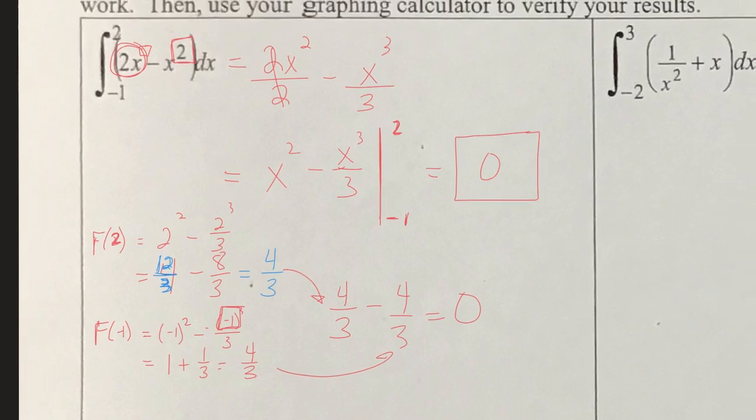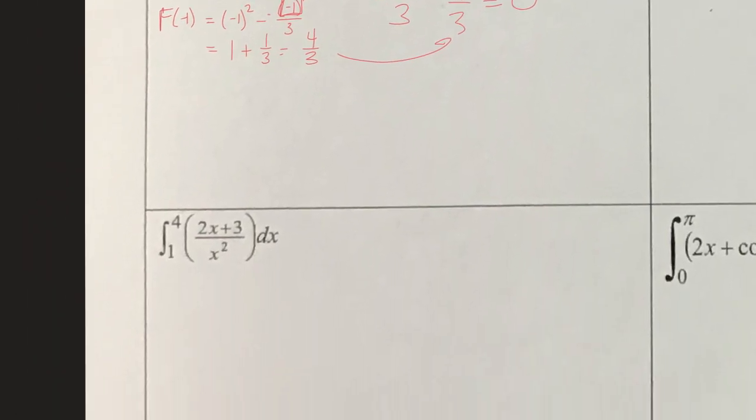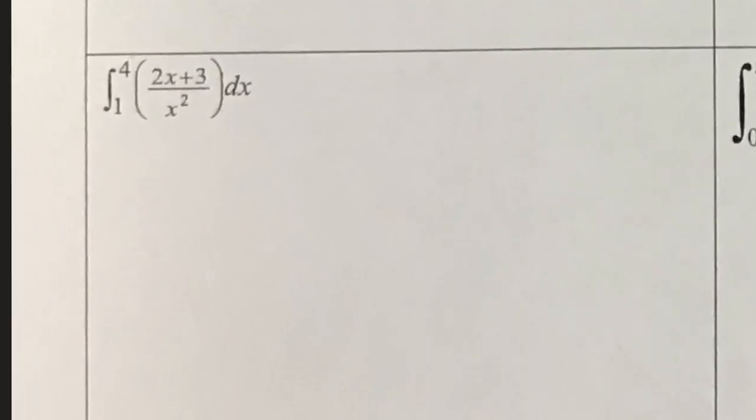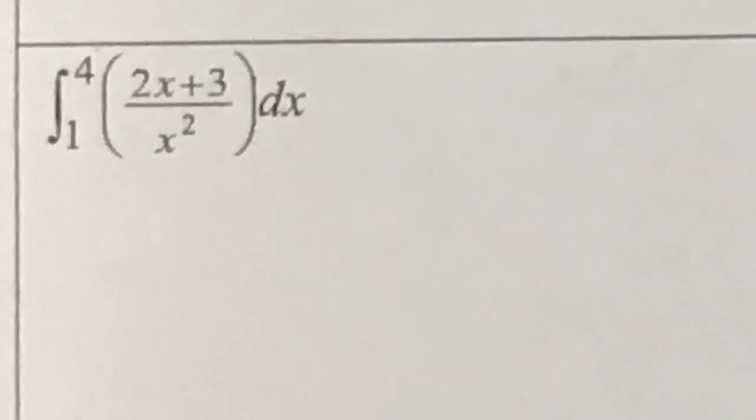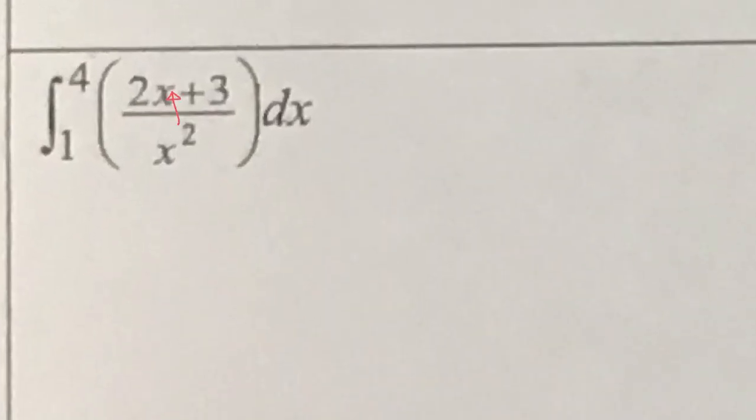Okay, let's drop down, because this one is more mathematically interesting, and let's integrate from 1 to 4 this rational function. We don't want to leave it as a rational; we want to make it into a polynomial. So I'm going to do some exponent subtraction. This is 2x to the 1 minus 2 power.